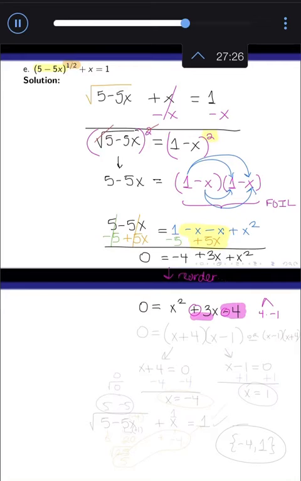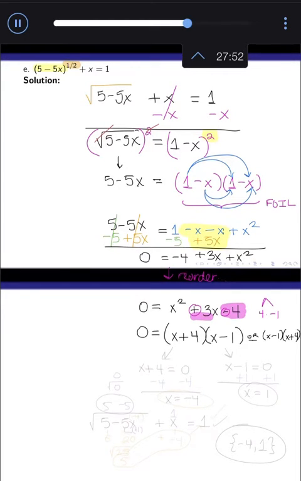So what this means is that it will factor as an x plus 4 and an x minus 1. And it won't matter which one of those goes first or second. We wrote it as x plus 4 and then x minus 1, but you could have written it as x minus 1 times x plus 4. It doesn't matter which.